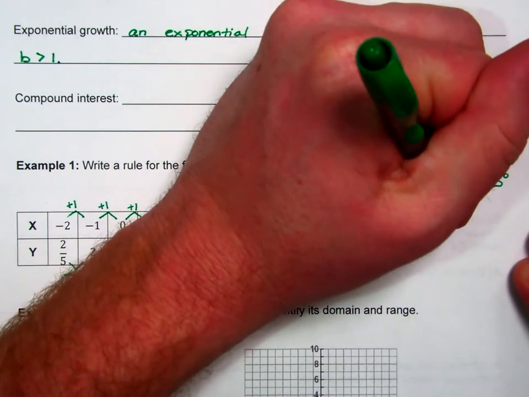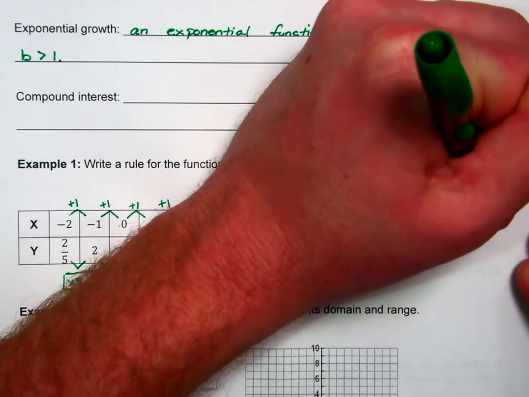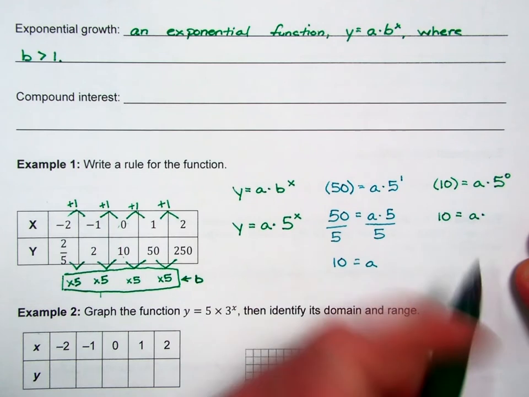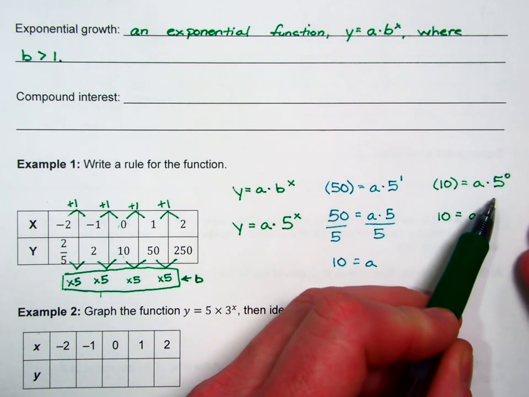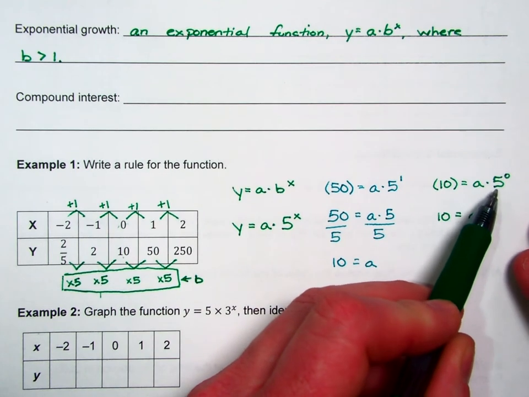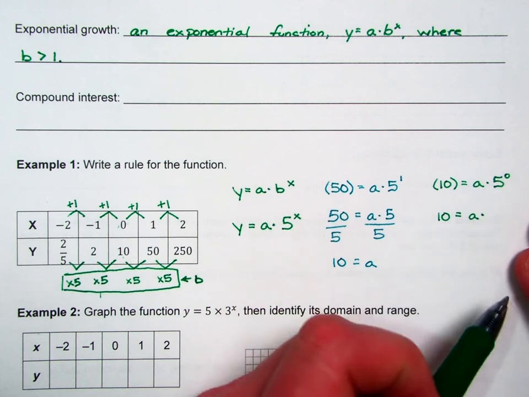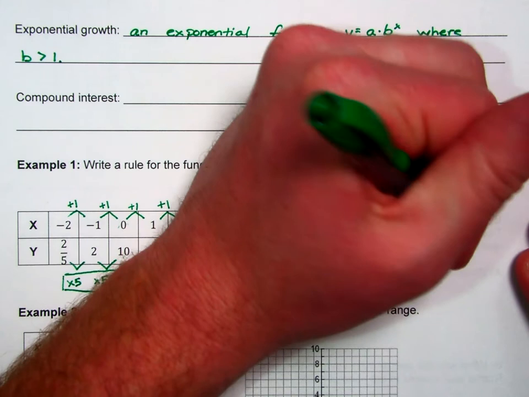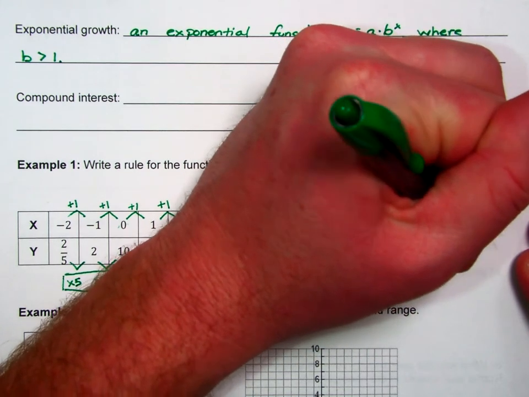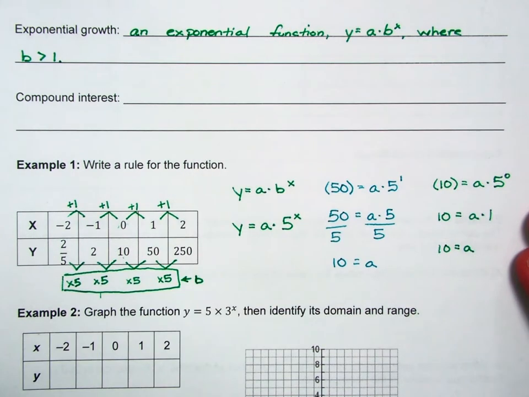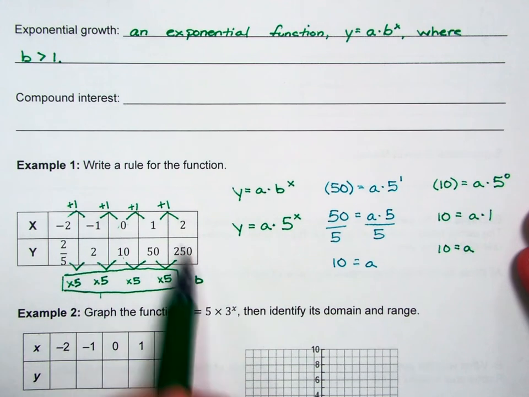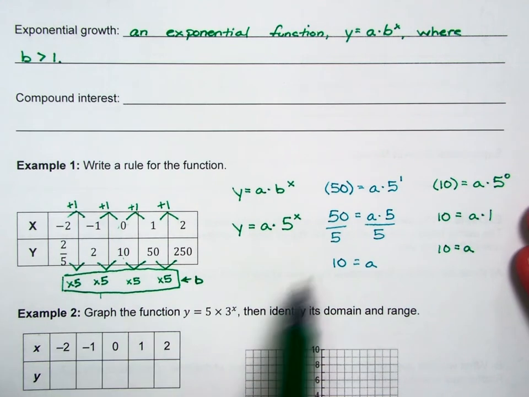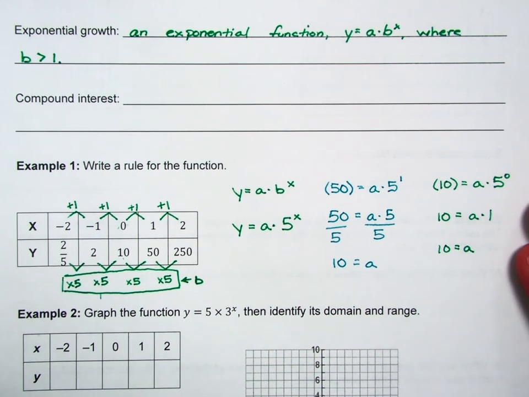So we'd have 10 is equal to a times, well, we just got done talking about an entire unit of exponent properties. 5 to the 0th power, remember, is always equal to 1. And 1 times a, of course, is equal to a. So no matter what point you use out of your table, you're going to get an a value that's equal to 10.